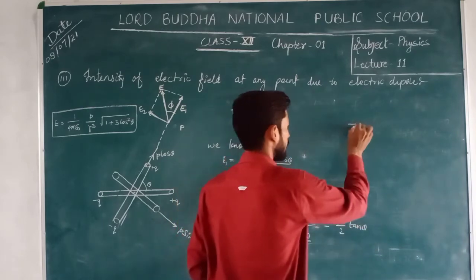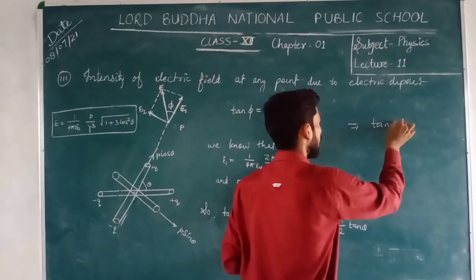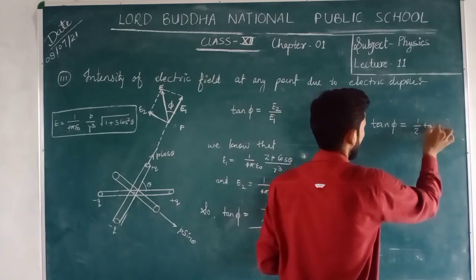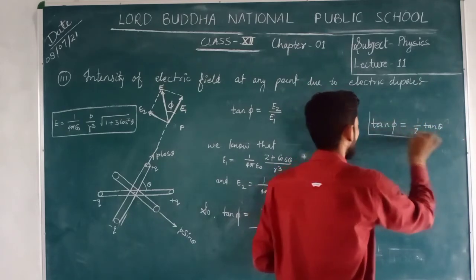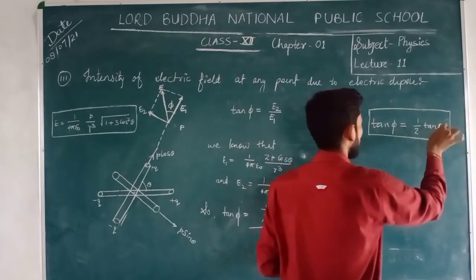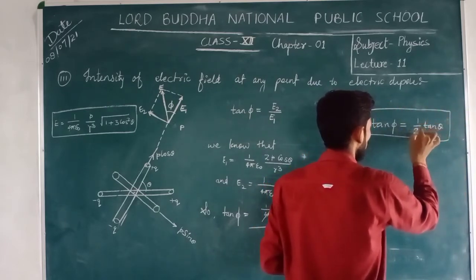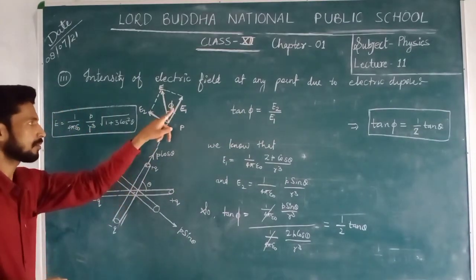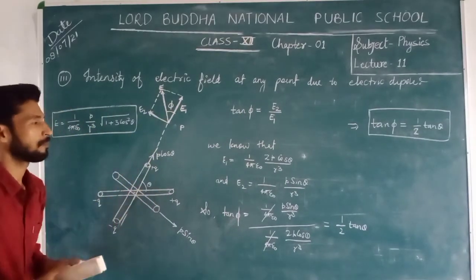So the final answer will be tan phi equals to 1 by 2 tan theta. That is the relation between theta and phi.